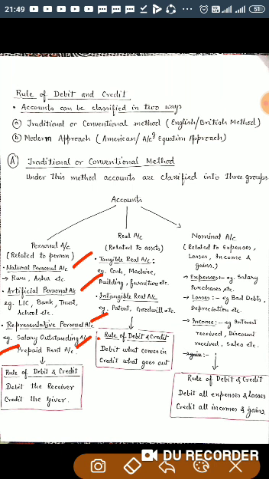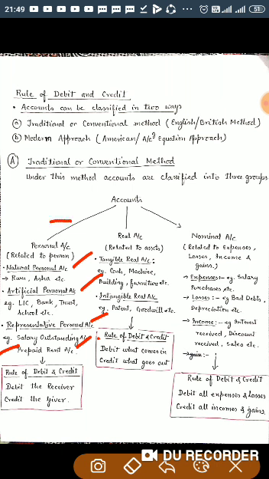Prepaid rent represents a person to whom we have paid rent in advance and from whom we will get benefit in future, so it represents the landlord, the same way as salary outstanding represents the employee.